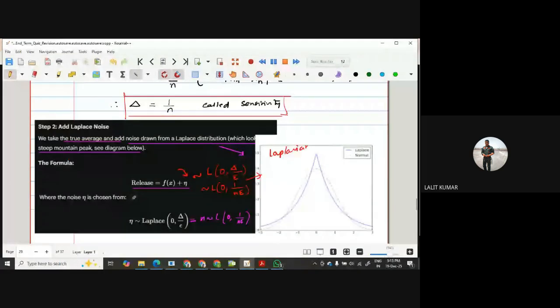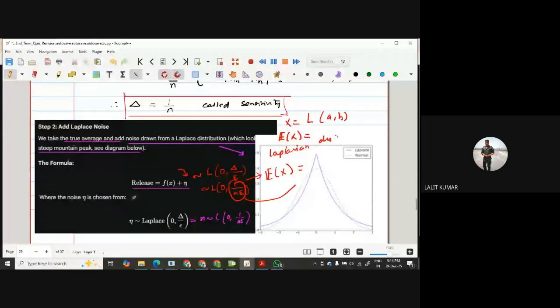So this can become Lap(0, 1 by n epsilon). Here we have to remember something we have not been taught in the course: for a Laplacian distribution, if x is Laplacian(a, b), then the expected value of x is equal to b.